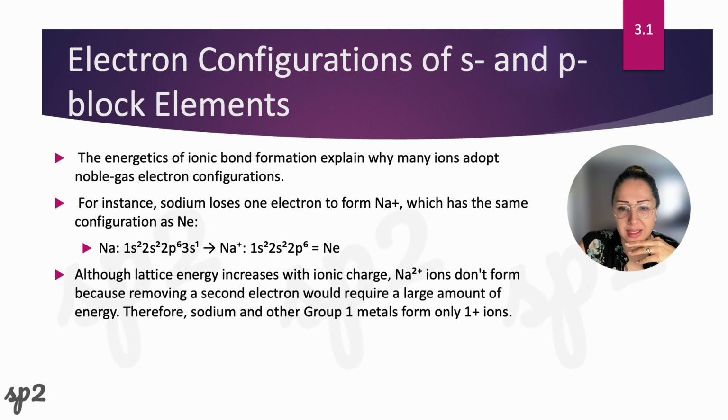But that is not going to happen because the removal of the second electron, which is the second ionization energy for sodium, requires a massive amount of energy, and that is not going to be feasible, right? And that's why we are going to stay with only one positive charge, only sodium plus, and sodium 2 plus does not exist, right?